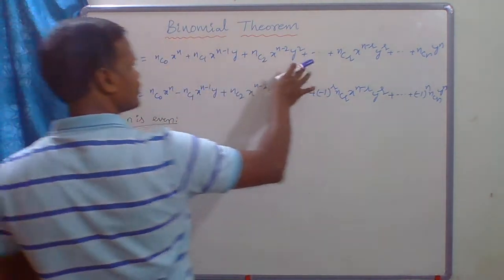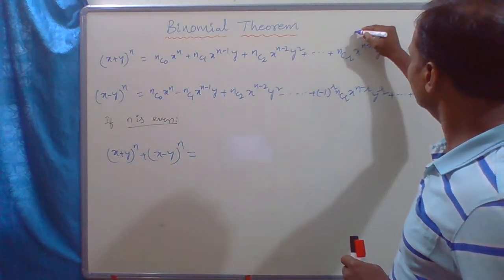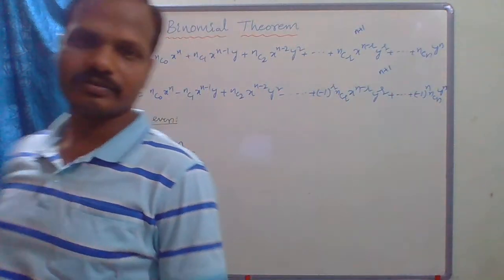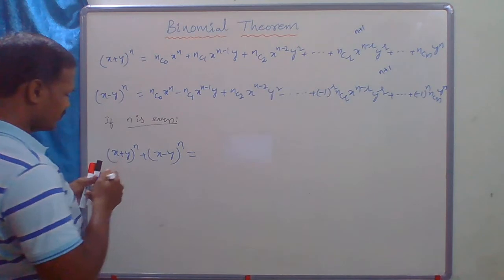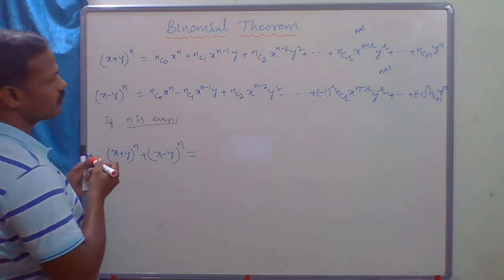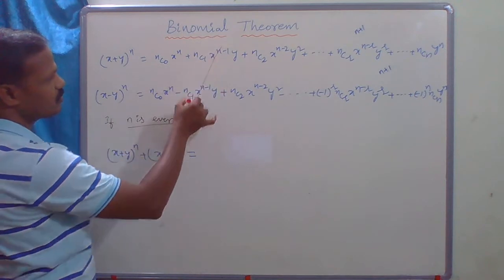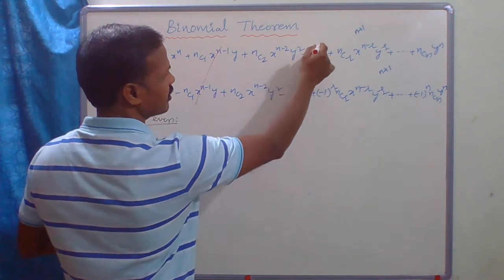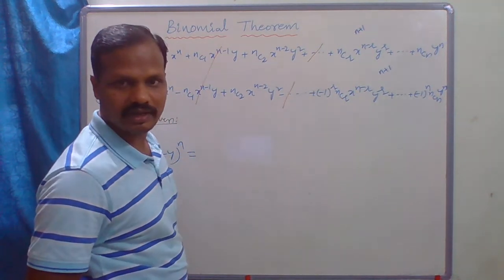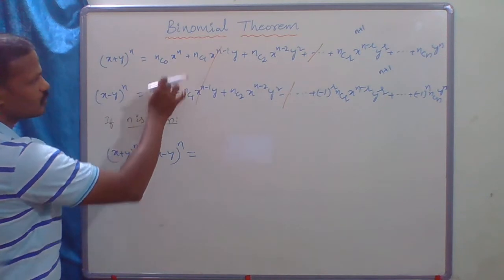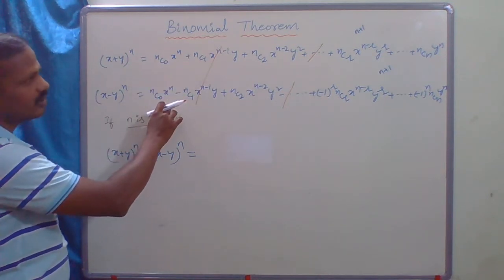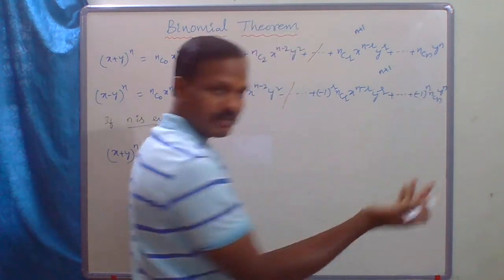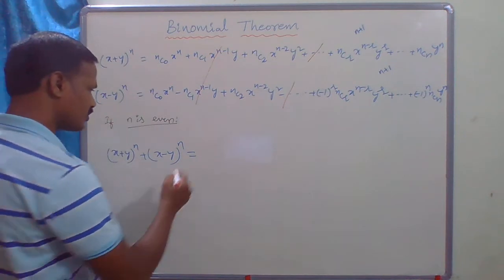Now here how many terms are there? Here n + 1 terms, here also n + 1 terms. So if you observe, by adding these two, these terms will be cancelled. Next term, here plus is there, here minus is there, so this term will be cancelled, and so on like that. So these two are similar terms, these two are similar terms, at last these two are similar terms, yes or no? Fine.